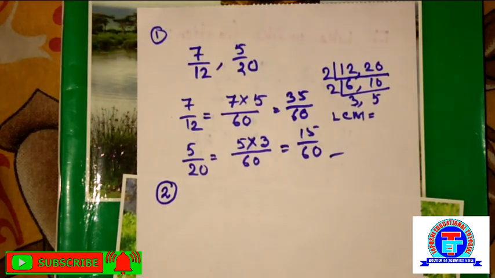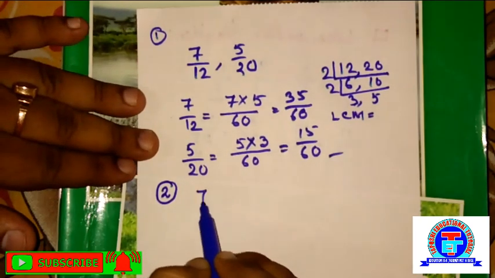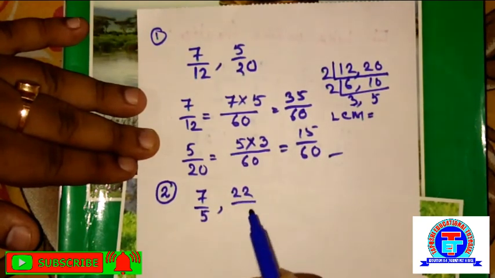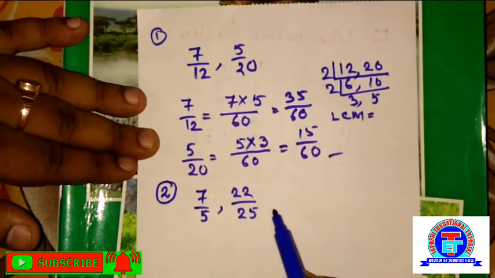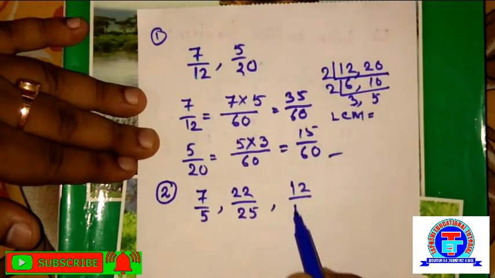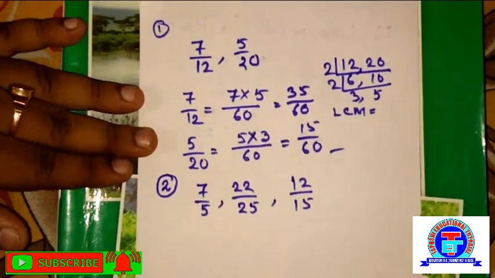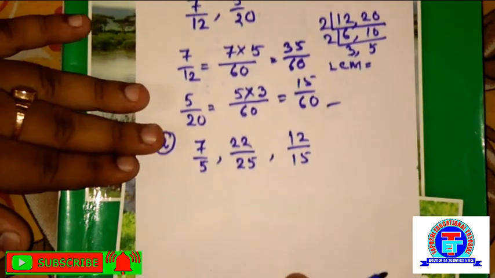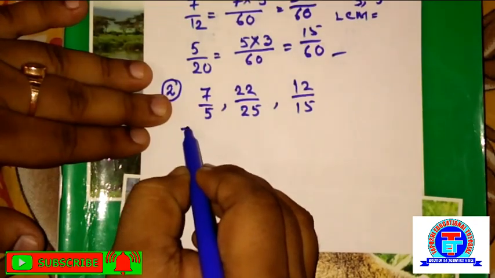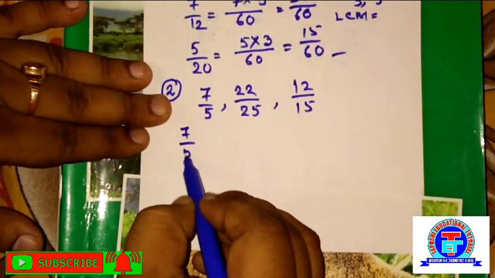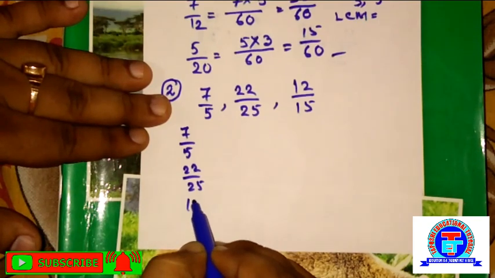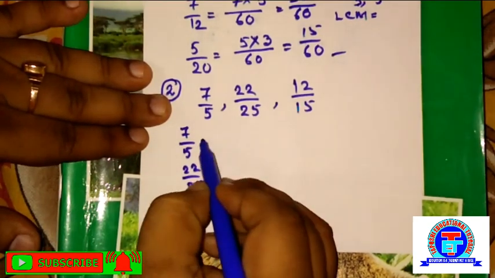Now here given this one 7 by 5, 22 by 25 and 12 by 15. Same method we followed here to solve this problem, right? So arrange them this way: 7 by 5, 22 by 25 and 12 by 15.